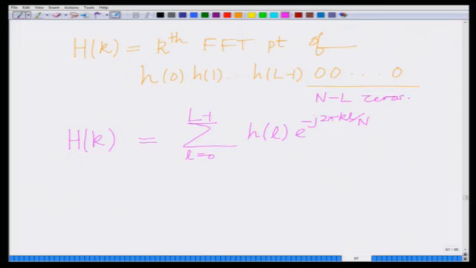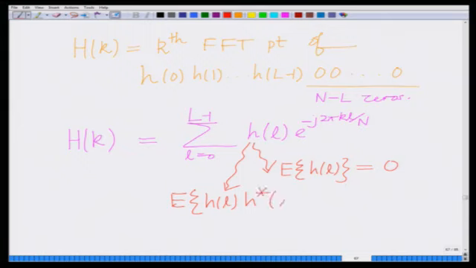What we are going to now assume is that each h l is a Rayleigh fading channel coefficient, which means each h l is complex Gaussian, which means each h l has zero mean. Together, we are going to assume, and this is an important assumption, that the expected value of h l times h conjugate l tilde is equal to 0, that is, the channel taps l and l tilde are uncorrelated.